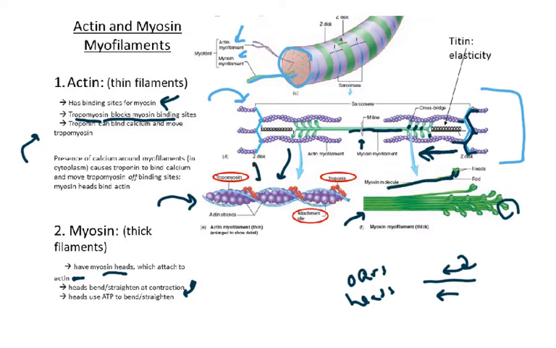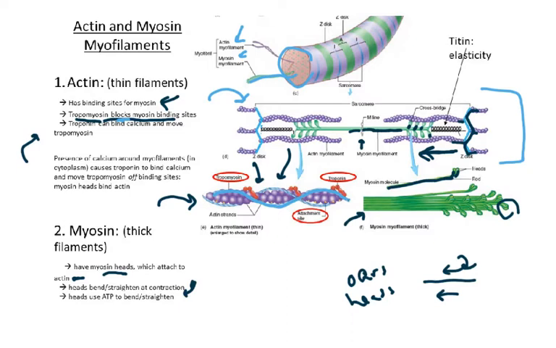So in this picture of our actin, the tropomyosin is this blue protein that wraps around the actin molecule. And what it does is it covers up the binding sites for myosin.